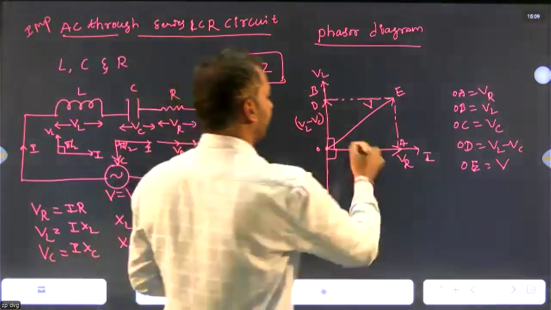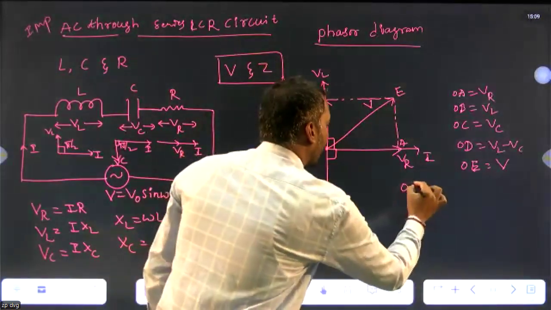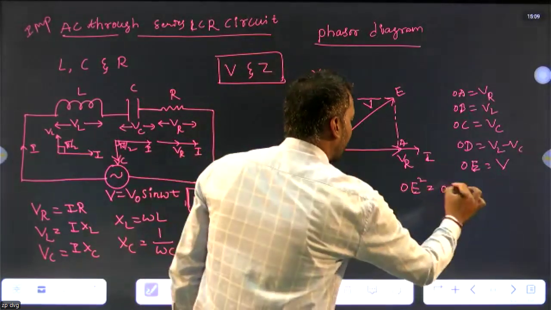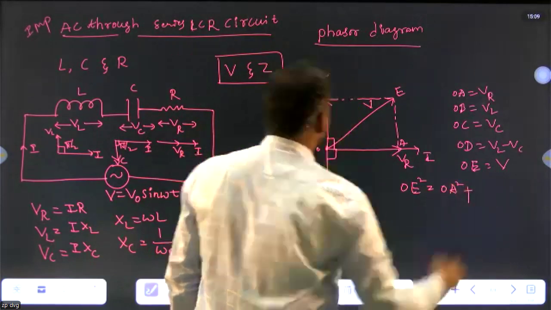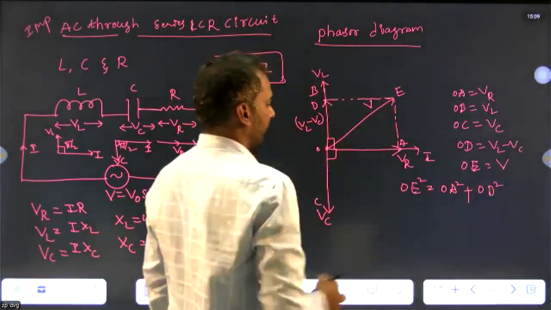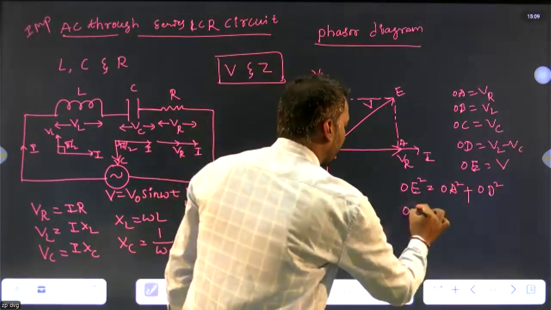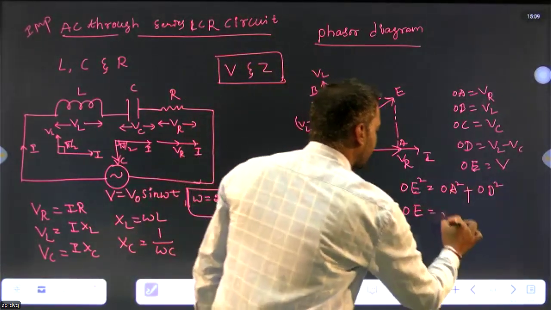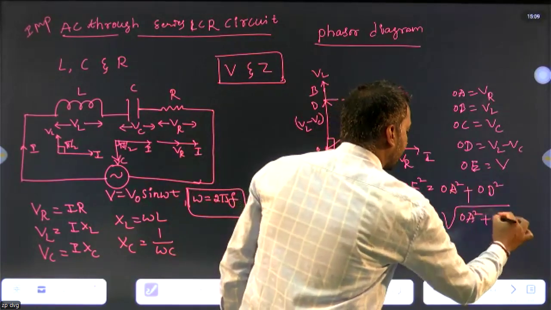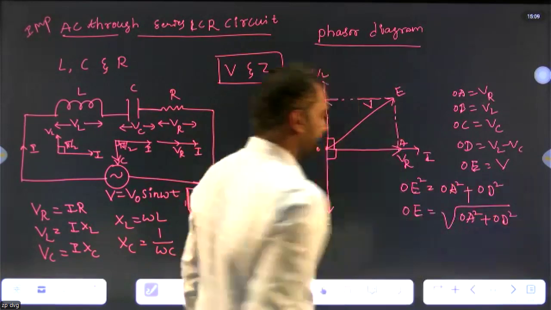Now from the right angle triangle, OE square is equal to OA square plus OD square. OE is equal to square root of OA square plus OD square.